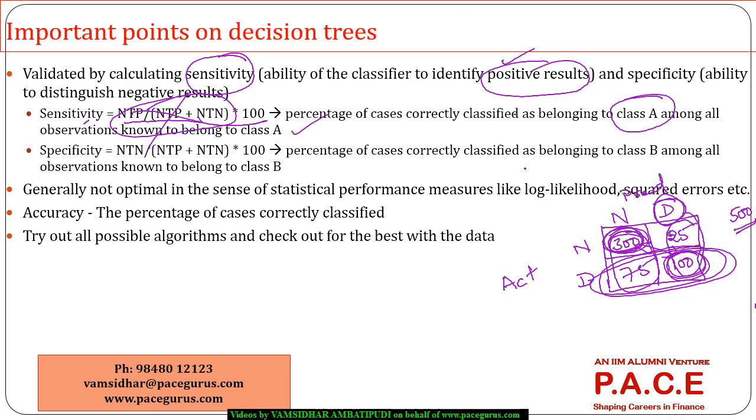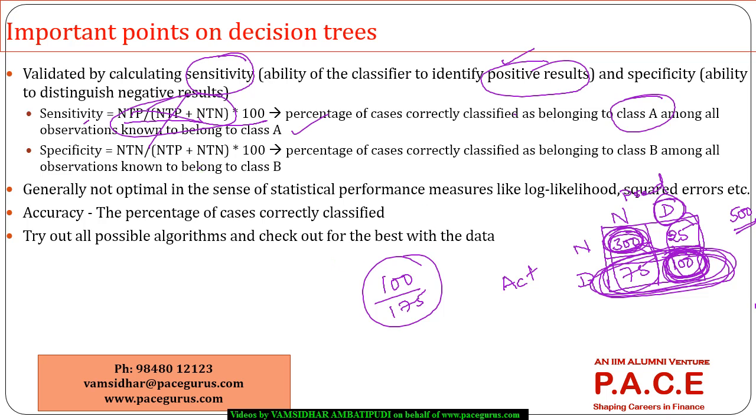So actually there are 175 that belong to the default category, but my system is able to identify only 100 of them. So the sensitivity comes out as 100 divided by 175.